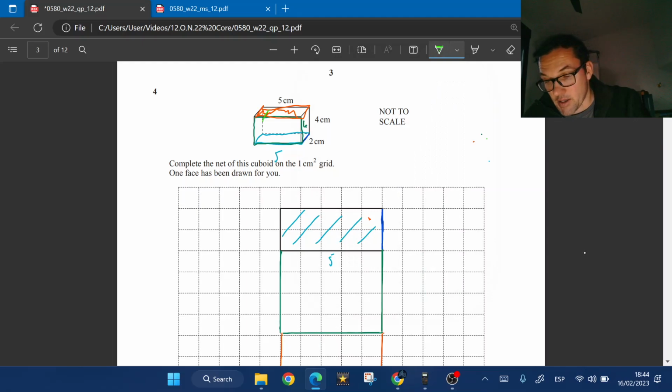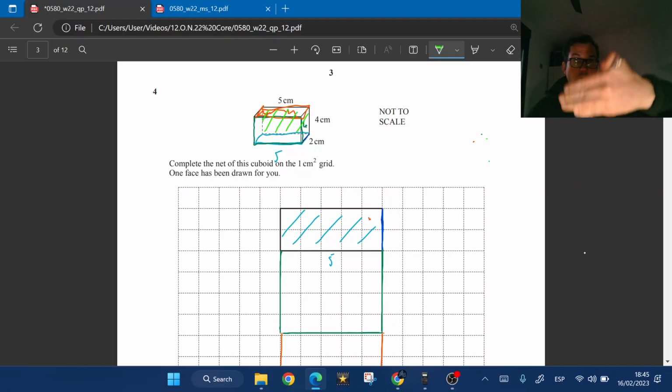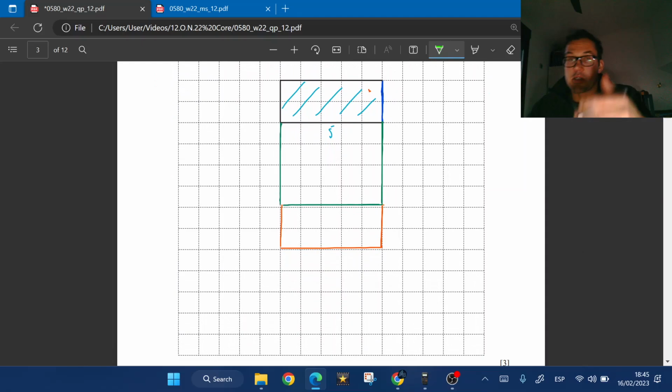And then of course, at the back there, so we go all the way around the cuboid, is another rectangle which is exactly the same as the front. So we need to do another rectangle that is 4 by 5.